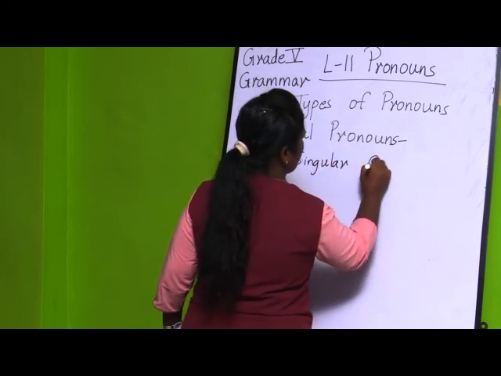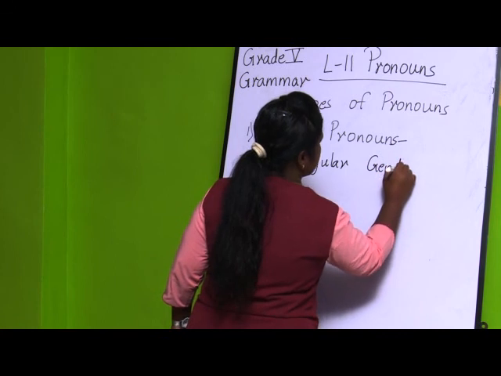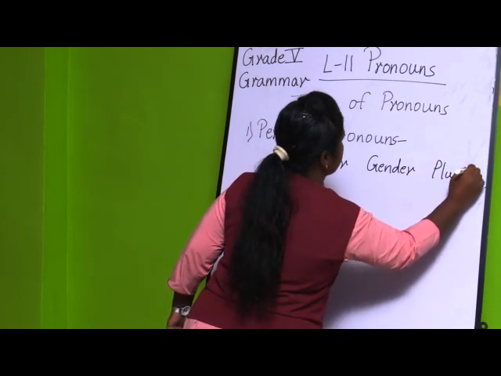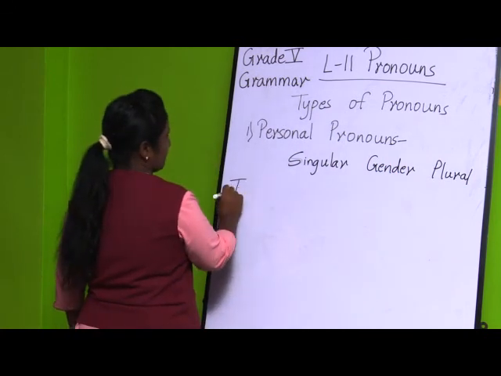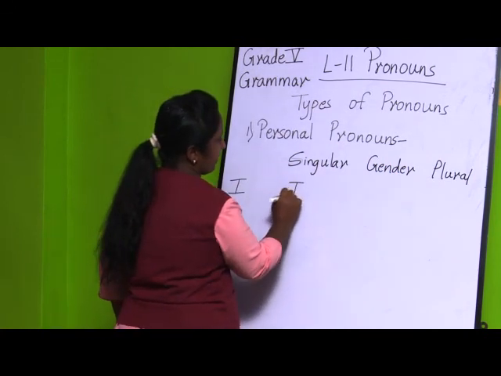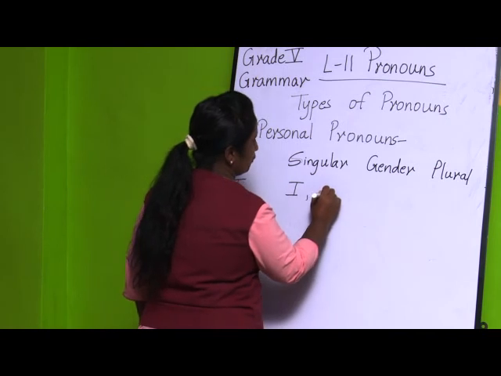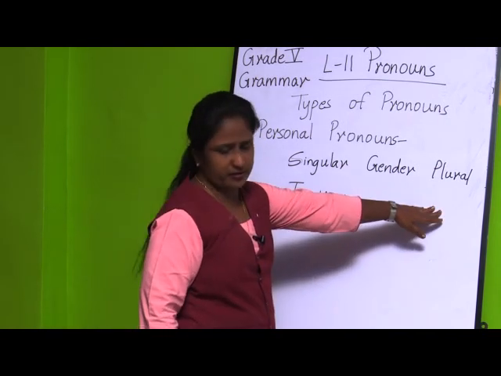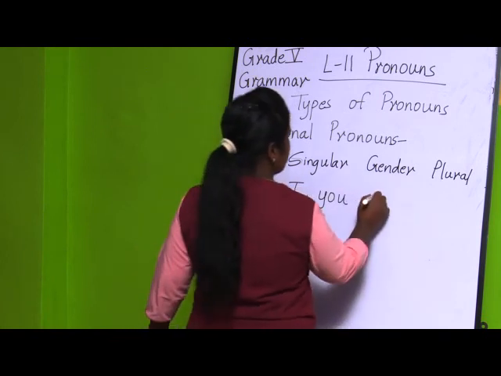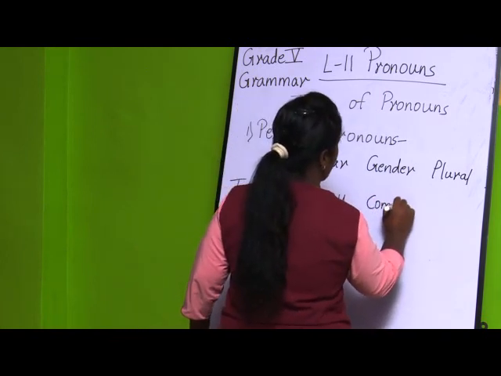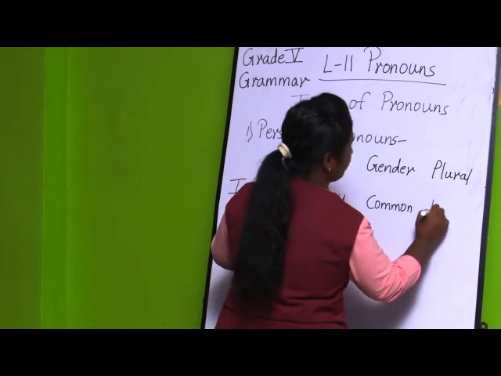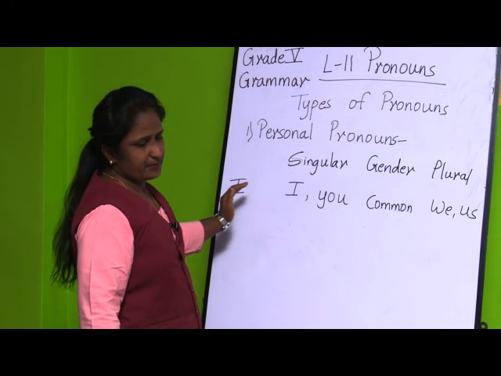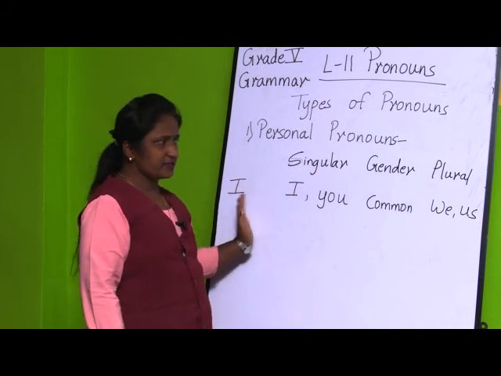Now, here you are going to change the gender, singular, gender, and here plural. Then first person, if first person is I and me, okay. So, the plural will be for common gender, I will be we and me will be us for first person, because here we are the speaker.